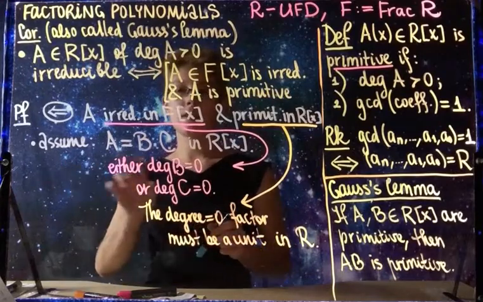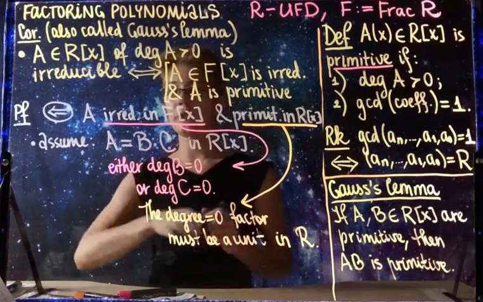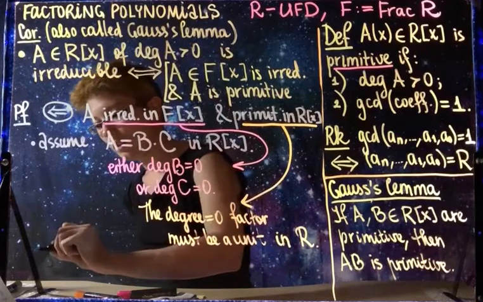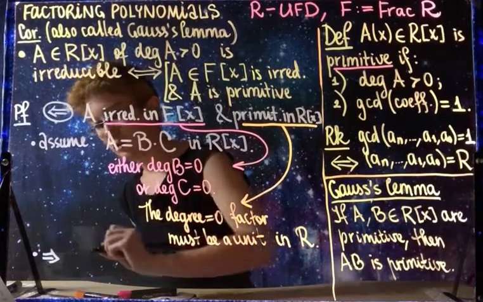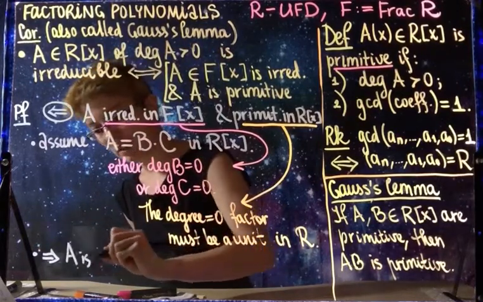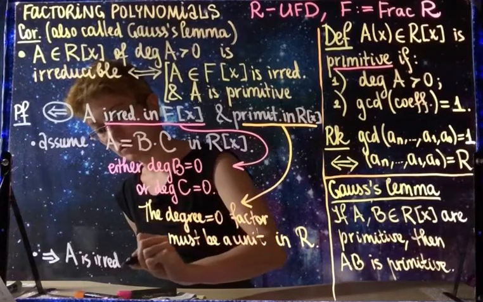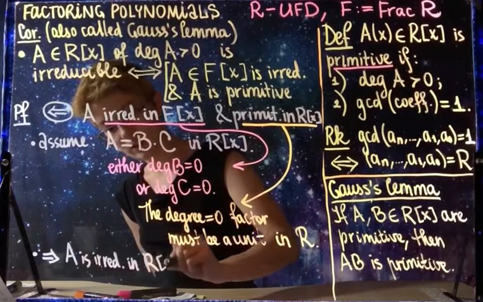And this is exactly the definition of an irreducible element. So A is irreducible in R adjoint x.